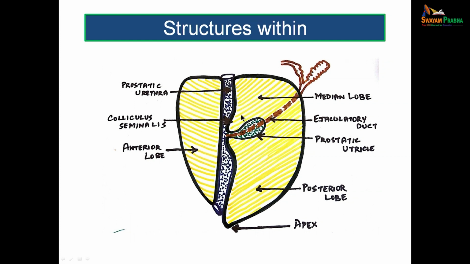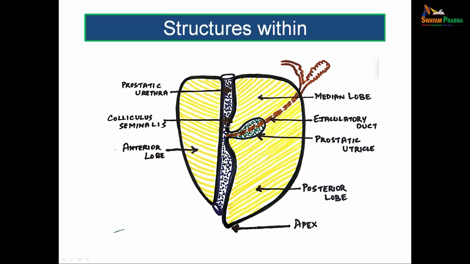You find another structure which is present within the prostate. This is called the prostatic utricle. The prostatic utricle is about 6 millimeters in length. It is a cul-de-sac, a blind ending pouch, protruding upwards and backwards from the prostatic urethra posteriorly in the midline.